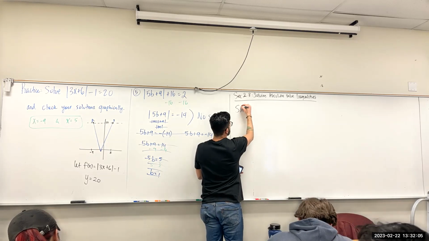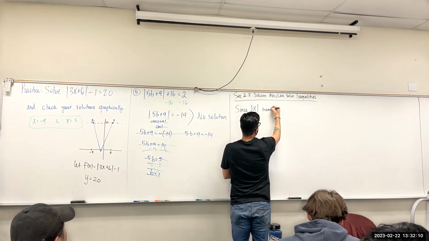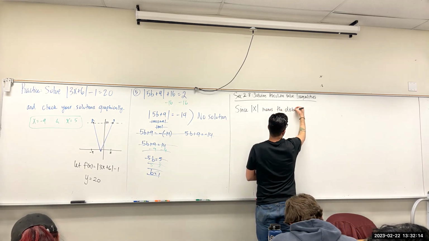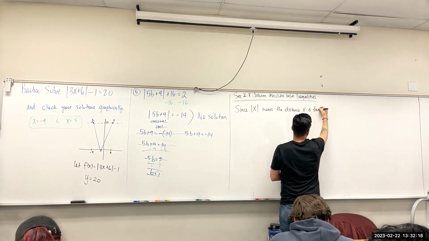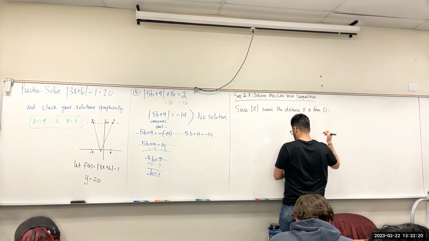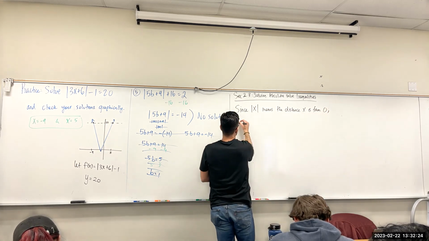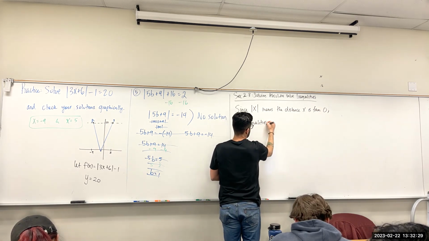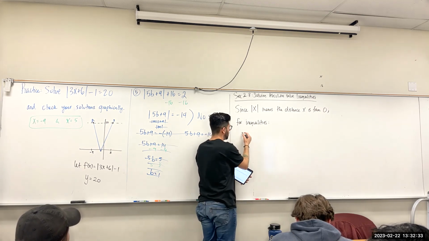So since the absolute value of x means the distance x is from 0, for inequalities, let's see what you guys think this will mean.